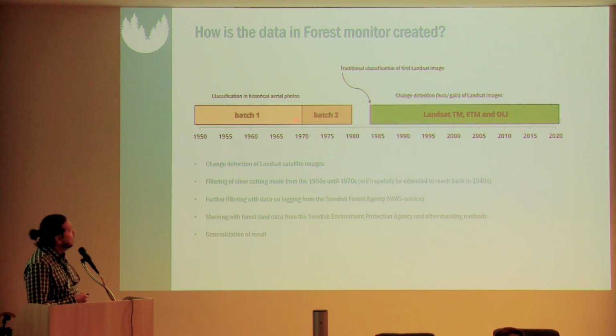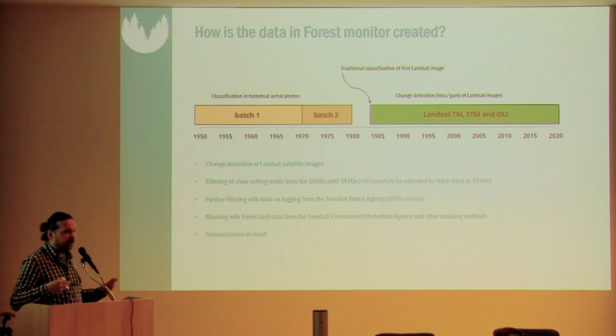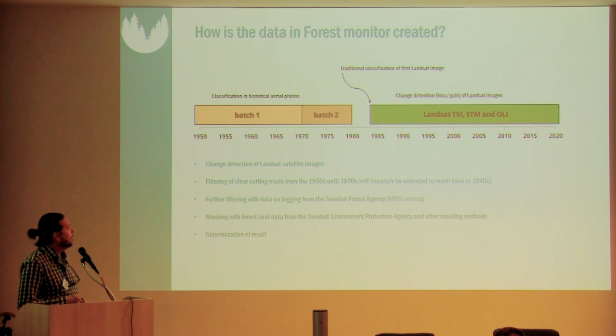But to reach farther back in time, we have to use historical aerial photos, which are really, really difficult to work with. They are not homogeneous in color, and they are grayscale images with very little information, let's say. But we have a few different methodologies to work with these. We will soon introduce a new one. We can reach back to the 50s with these, and we have images back to the 40s.